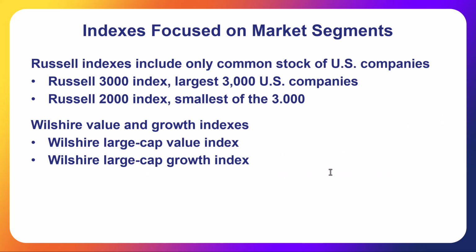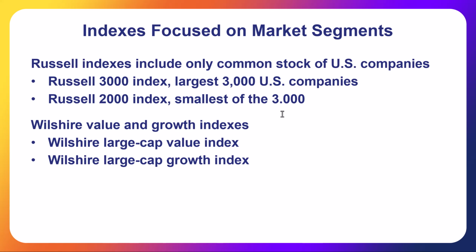The Russell indexes include only common stocks of the United States. So we have the Russell 3000. It's the largest 3,000 U.S. companies. The Russell 2000 index, that's the smallest of the 3,000. So again, all 3,000 are here.